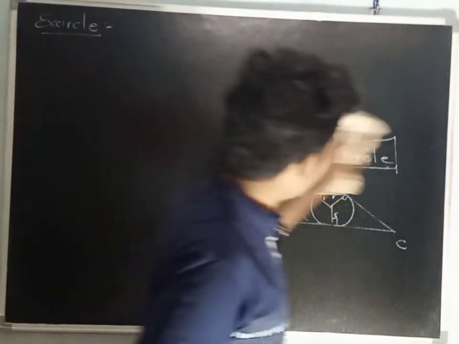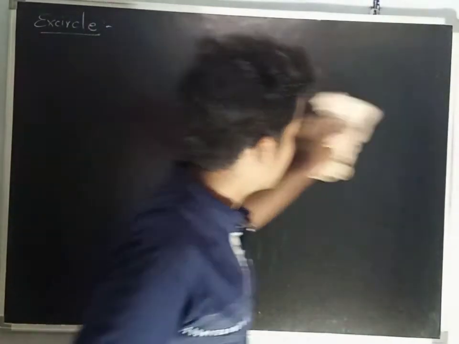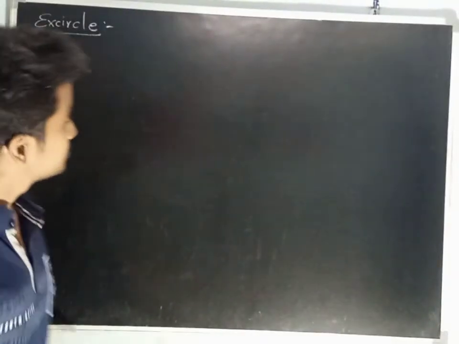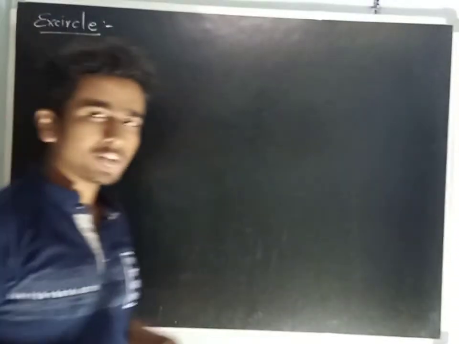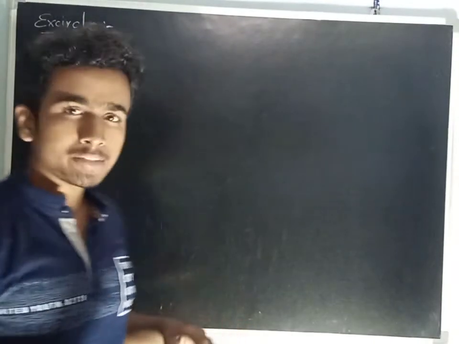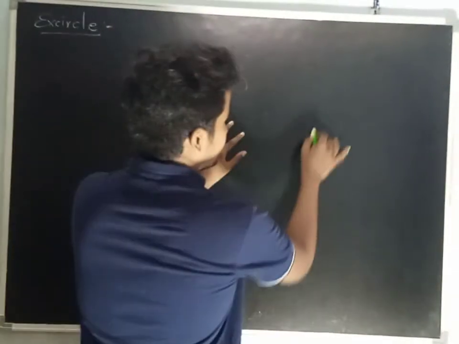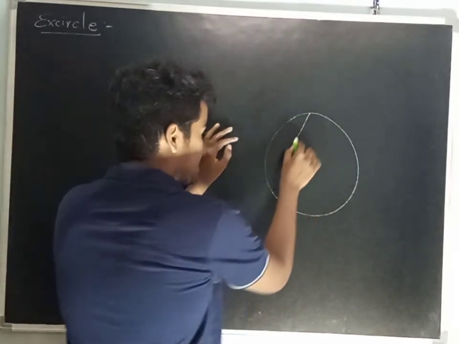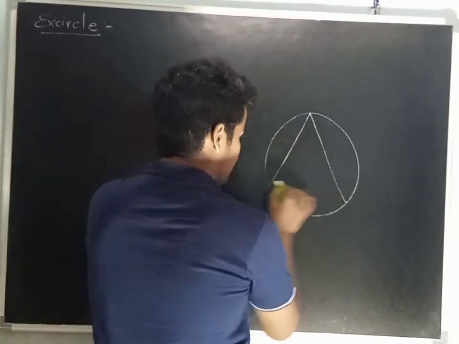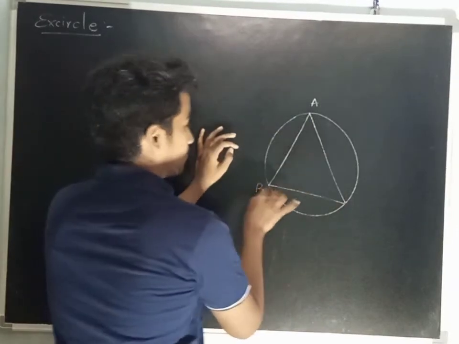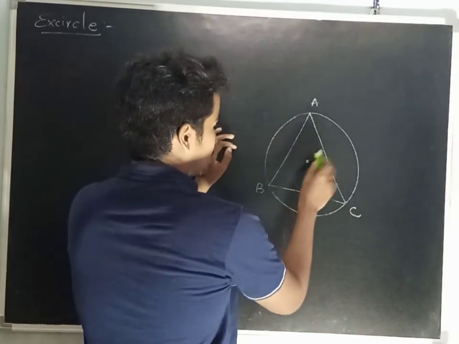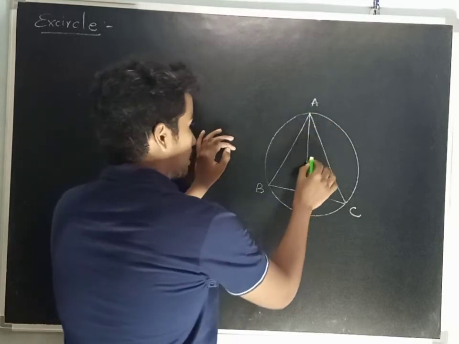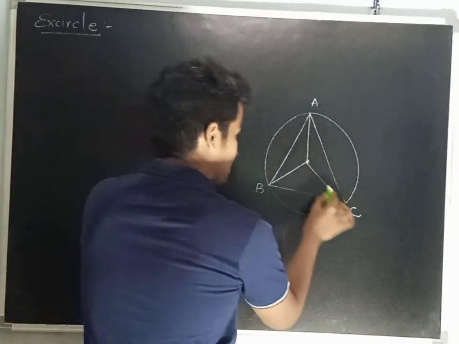Similarly, there is another concept you have to understand, that is the circumcircle. In the beginning of the incircle concept, I already explained what the circumcircle is. Let me recap once again. Here is a circle and there is a triangle ABC inscribed in it. Here is the center of the circle. Let me join it with the vertices.